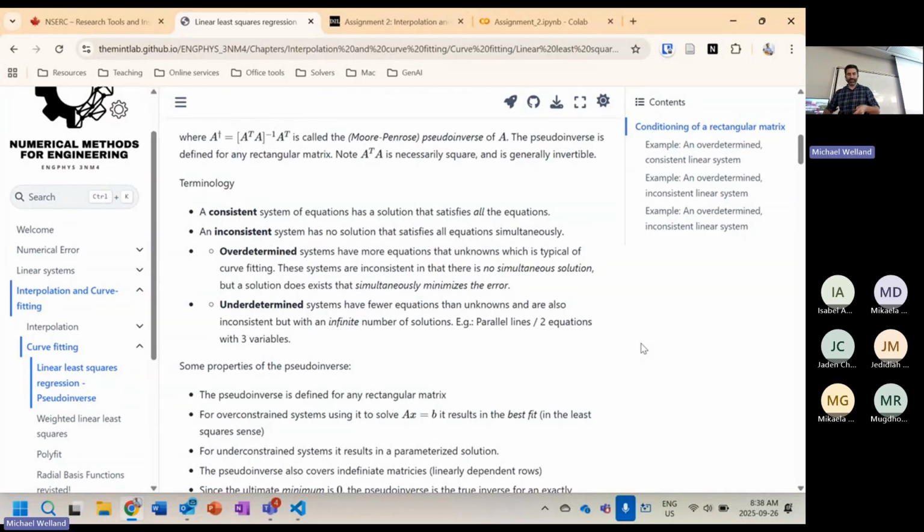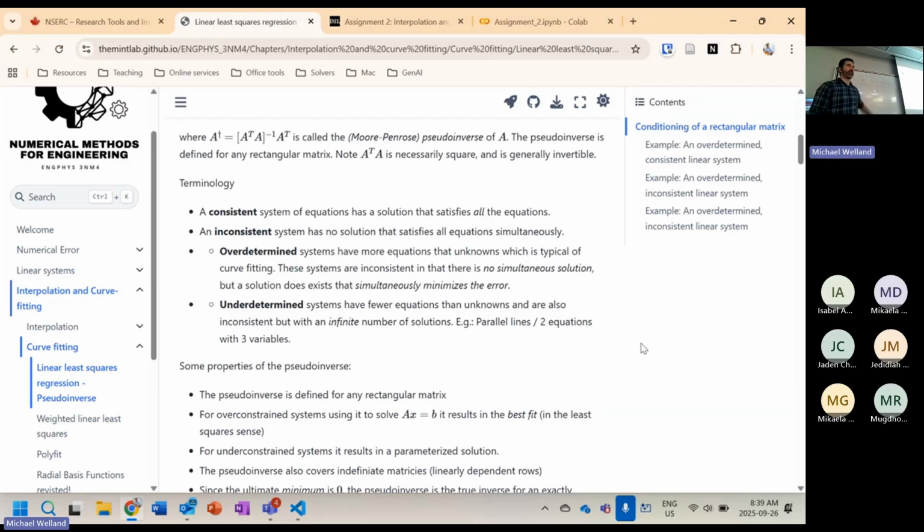Let's say I had x plus 2y plus 3z is equal to 1. And now I have 2x minus 1y plus 4z is equal to 2.